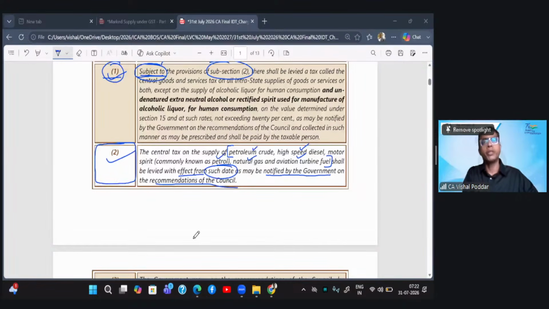Because when you see the definition of GST in the Constitution, they have kept alcoholic liquor outside GST. So because of the Constitution, alcoholic liquor which is for human consumption is already outside GST, which you will find in the main charging section also. And subsection 2 of the charging section has kept these 5 products outside.